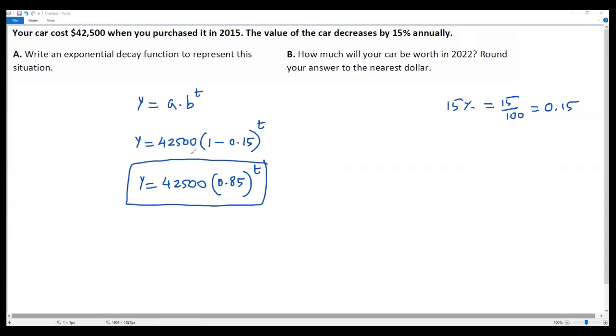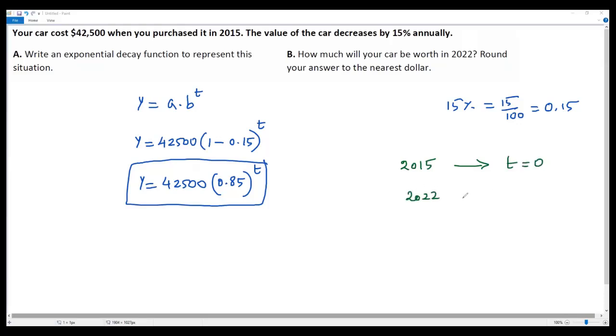Okay, now we can try to answer part B. Part B is to find the value of the car in 2022. We have to round our answer to the nearest dollar. Okay, let's do that. First we have to find the value of t corresponding to the year 2022. For the year 2015, the corresponding value of t is 0.